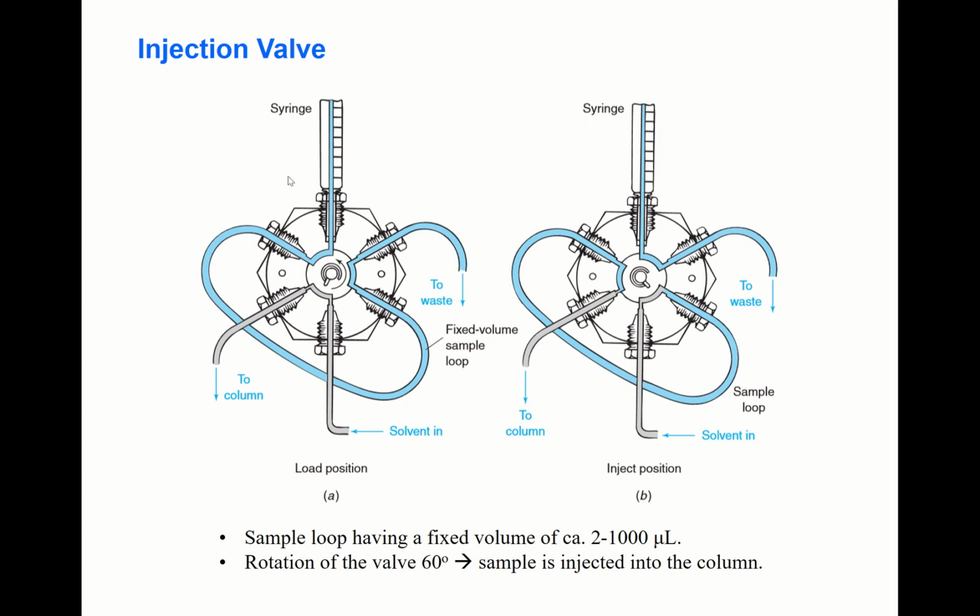So if you keep pushing the syringe piston, liquid fills this part. And what about the other line? Here the solvent enters this way, and then it goes to the column.